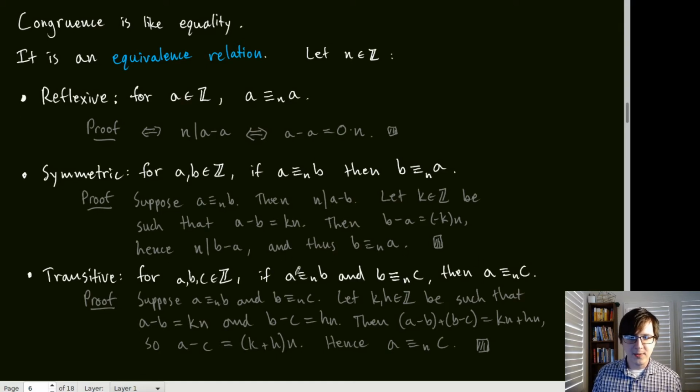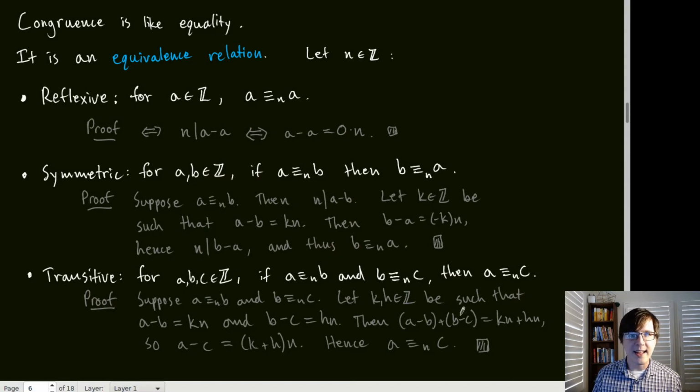For this proof, we suppose that these two congruences hold. Then let k and h be integers such that A minus B is k times n and B minus C is h times n, using the definition of congruence mod n. Then we add the two equations together and rearrange things.